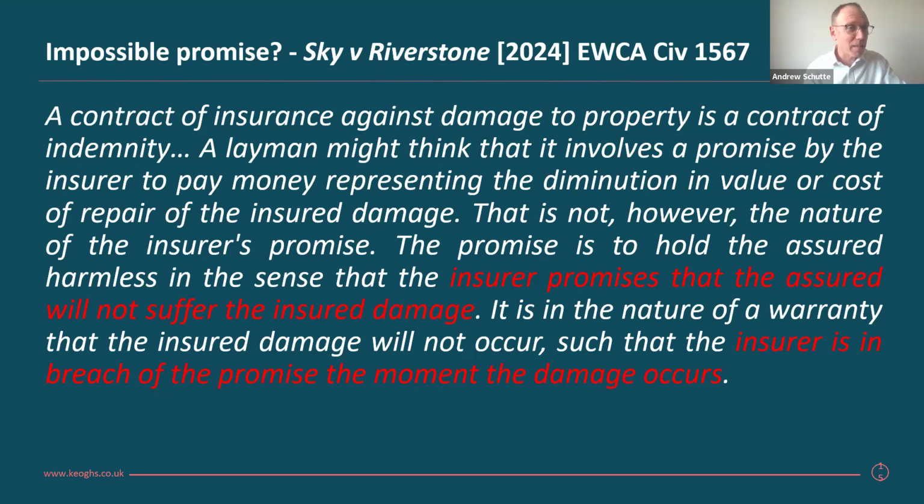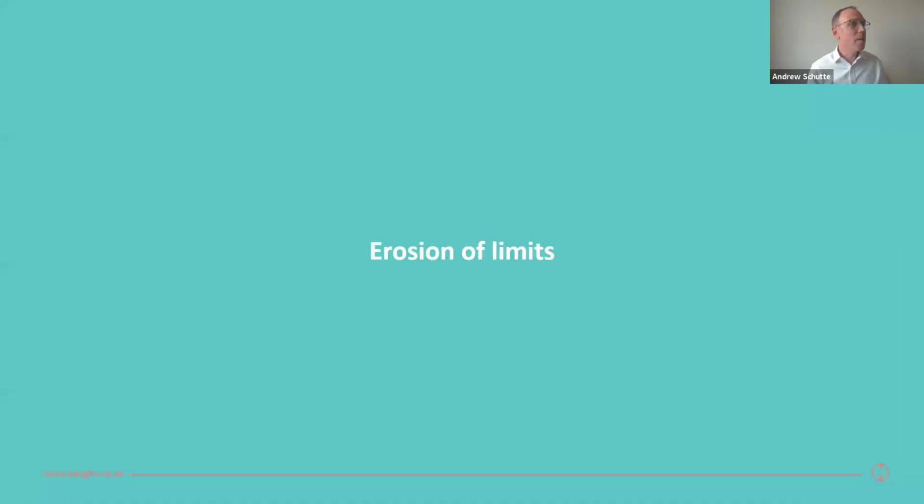We can't promise them that. But that's the fiction, that's the impossible promise. And then the way this works is, under the contract, the moment that the damage occurs, the damage that we promised wouldn't happen, we're in breach of that promise, and the insured has a right to sue us. So the bad thing happens, and the right to sue the insurer that has been insured against arises at the same moment as the occurrence.